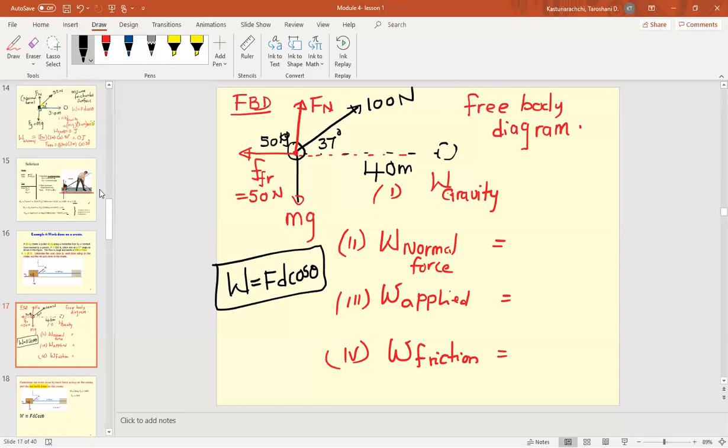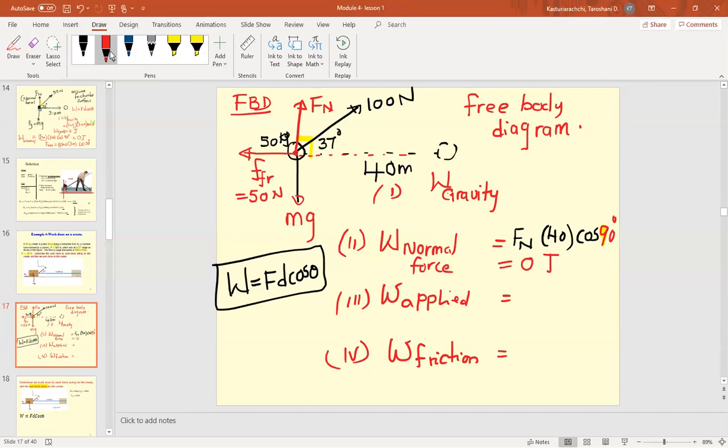I'm not trying to find out the normal force. Displacement is 40. Cosine, it's the same story, right? 90, because here the normal force is perpendicular to the distance. So that's why I didn't worry about finding the normal force, because I know this is 0.